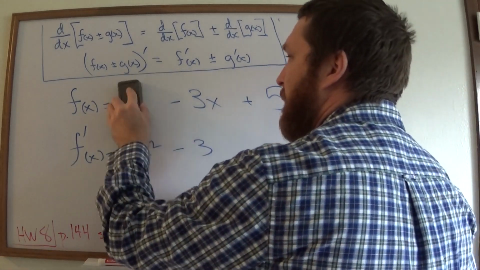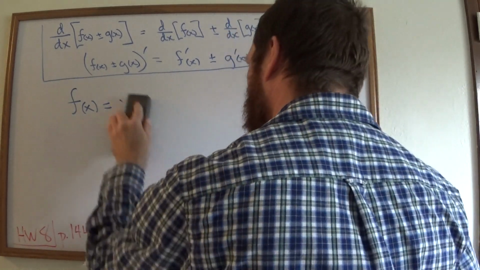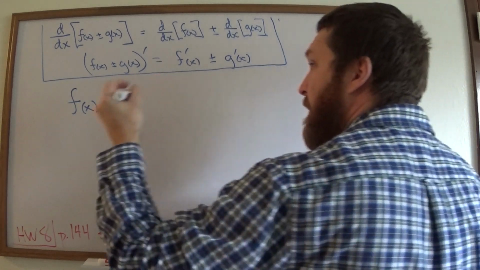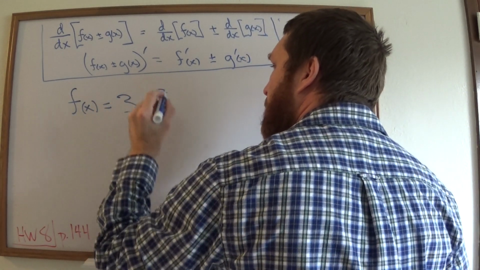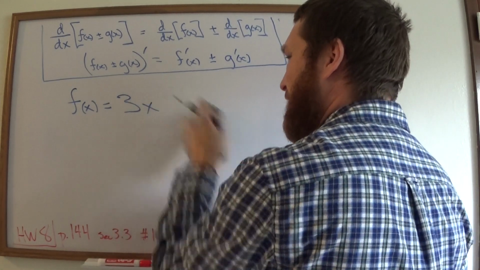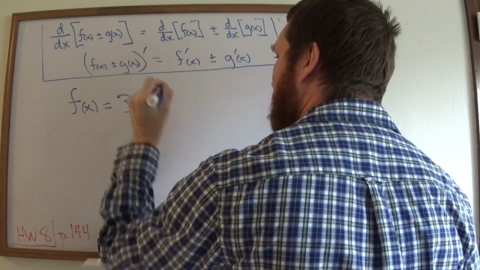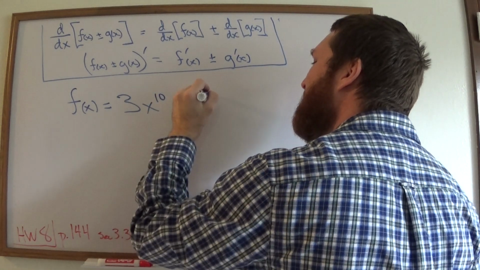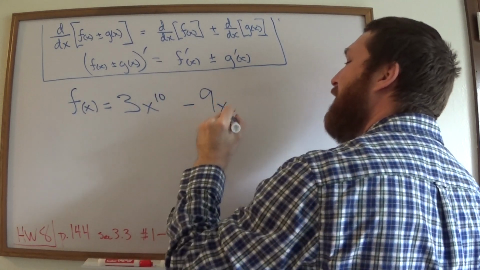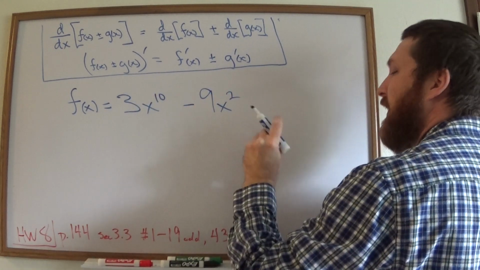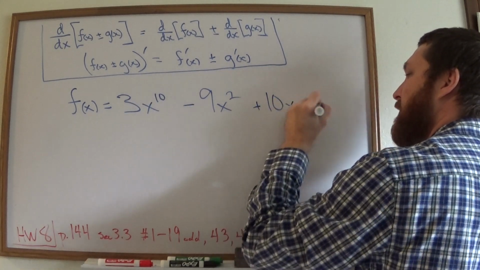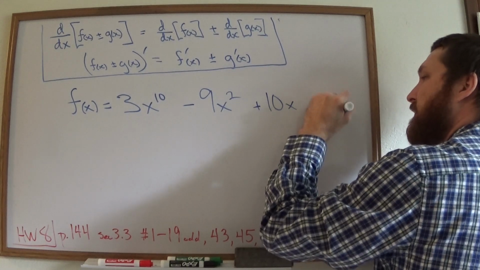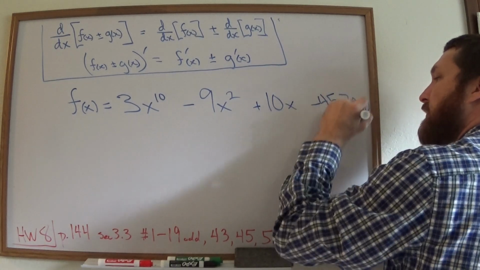Let's make one up here. I'll multiply that times 17. How about 10? Minus 9. What's something easy? There we go. Now, how about plus 10x minus 457,000?